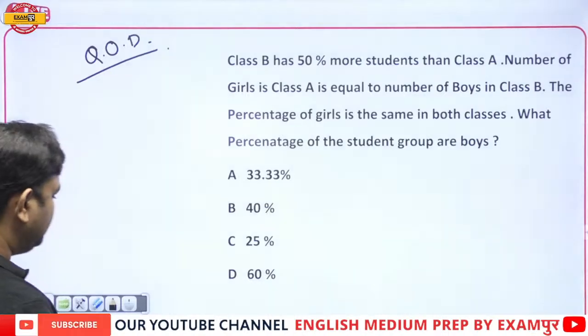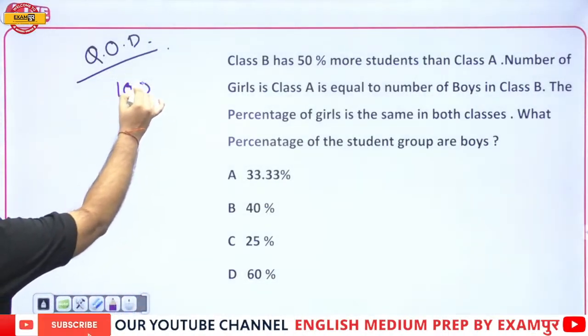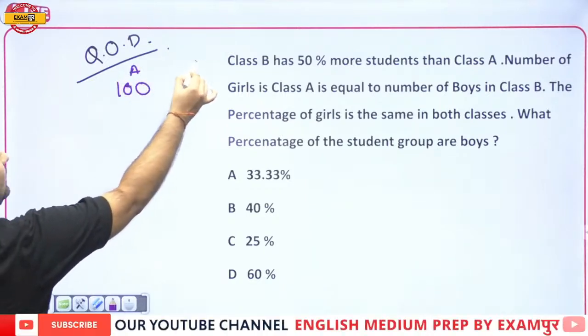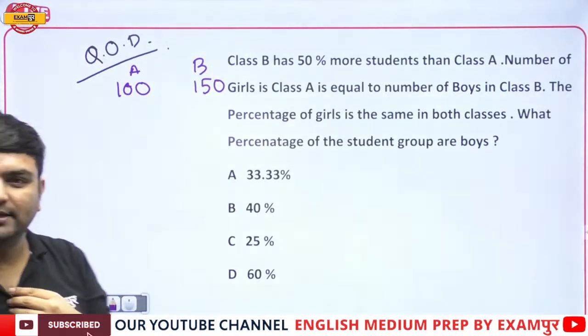Let the number of students in class A be 100, then in class B it is 150, because it is 50% more.